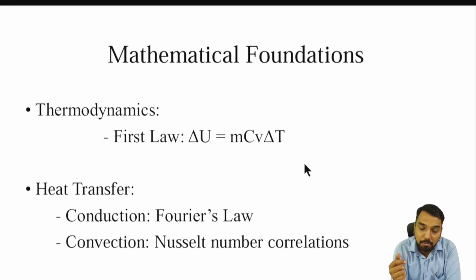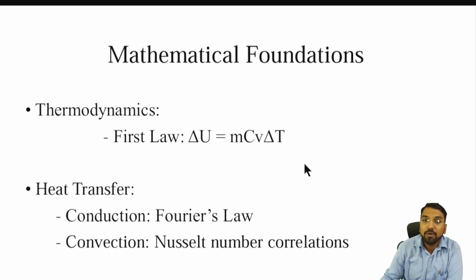But in engineering there are some systems, like constant pressure systems, which are referred to as flow processes. In the same beaker, if you put inlet and outlet ports, then that system will have a constant pressure process.